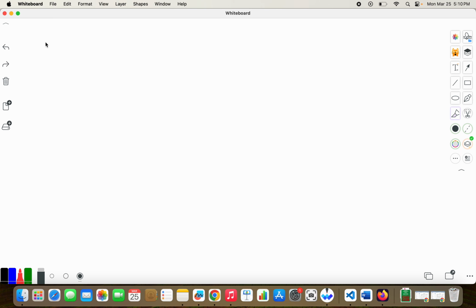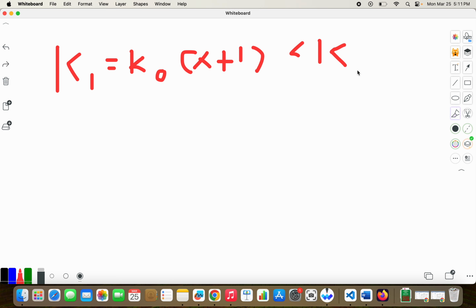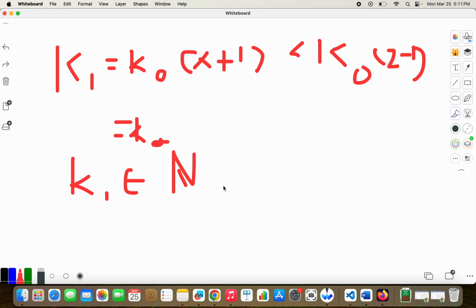So that's true. k1 equals k0 times x minus 1, which is less than k0 times 2 minus 1 equals k0. So this is already getting contradictory. Thus k1 is in the natural numbers and k1 is less than k0.